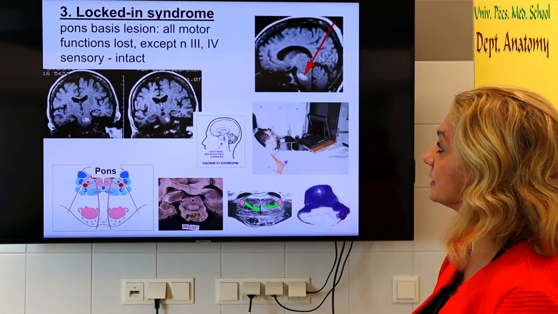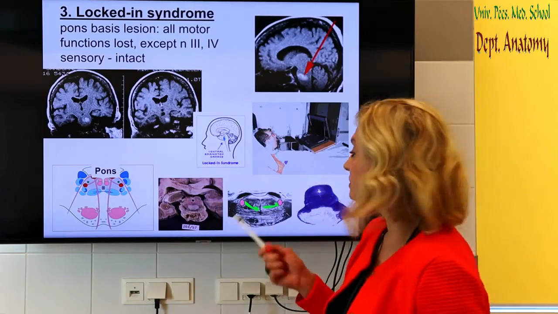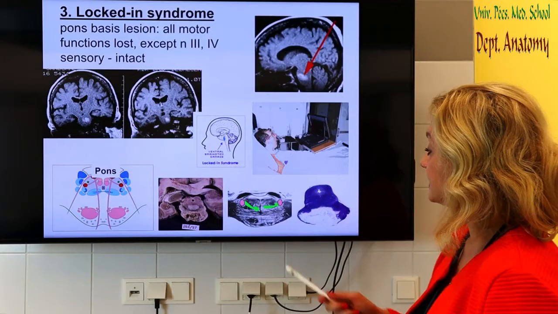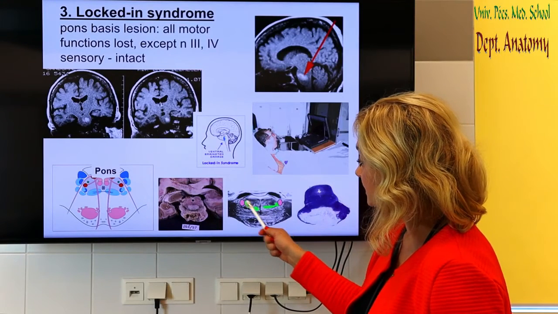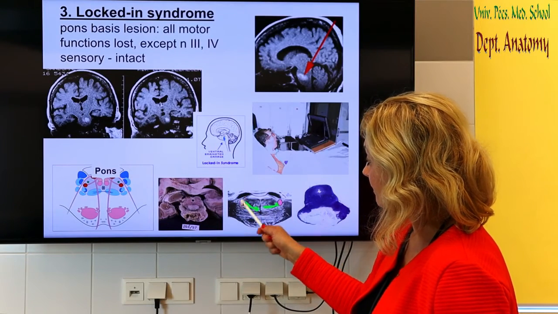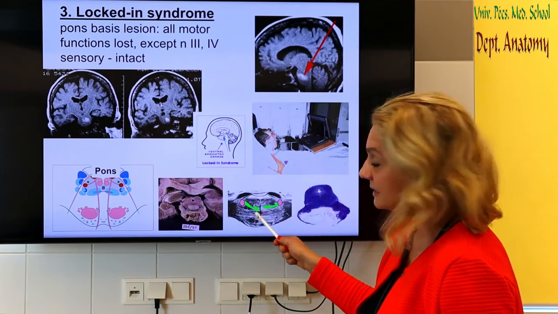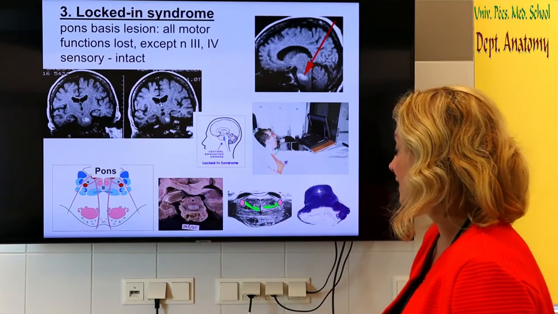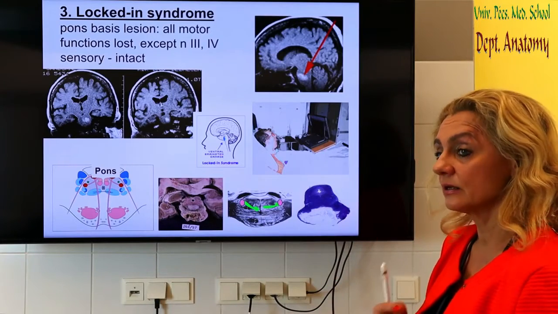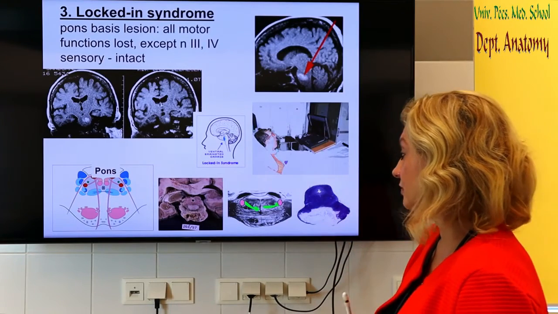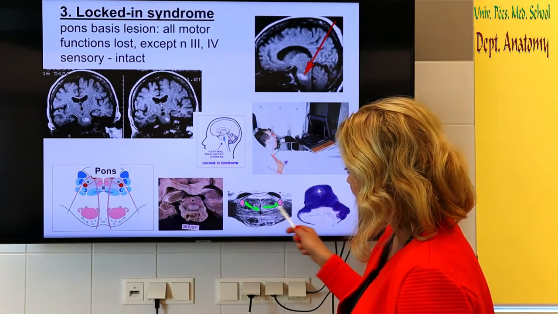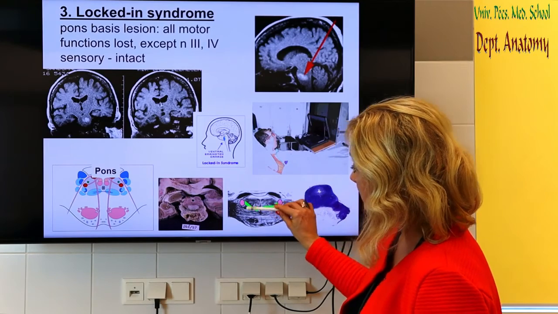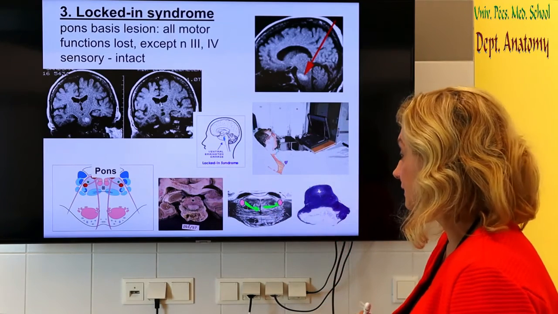Or locked-in syndrome, which now, studying the pathways going through the brainstem, you can understand that the sensory pathways at the level of the pons are completely separated from the motor pathways, from the pyramidal tract. So there can be a lesion when the motor tracts are all damaged, the sensory tracts are intact.